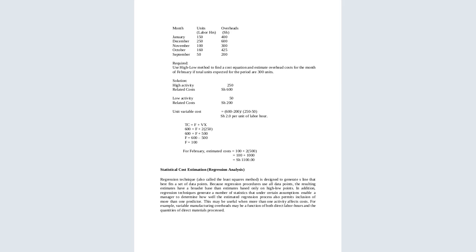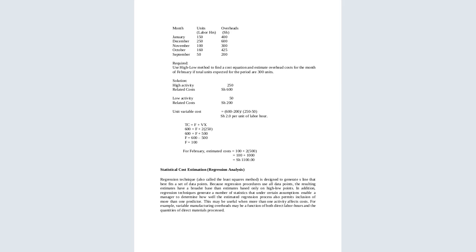So we have months, units, and overheads. The units are the labor hours, and overhead is a cost. So costs are represented by Y, and the units or anything else are represented by X.